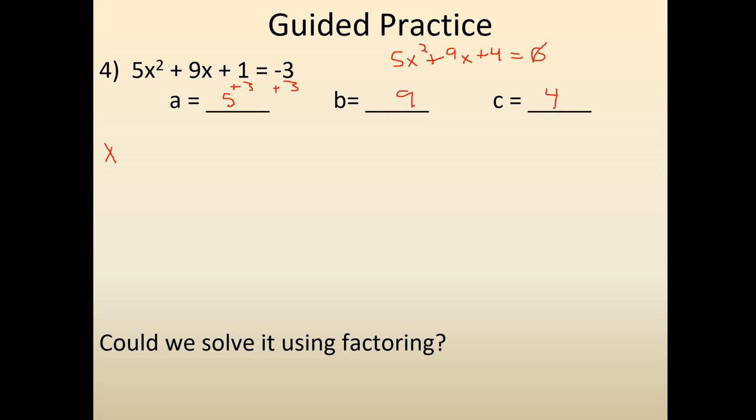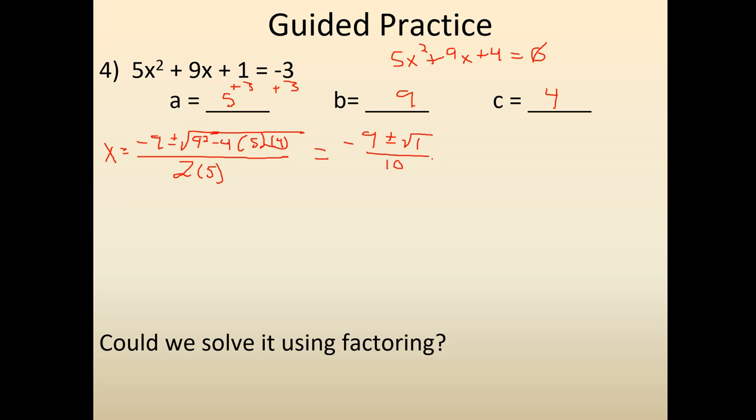So using the quadratic, negative b plus or minus the square root of b squared minus 4ac, all over 2a. So this is actually going to simplify into something nice. Negative 9 plus or minus the square root of 1, all over 10.